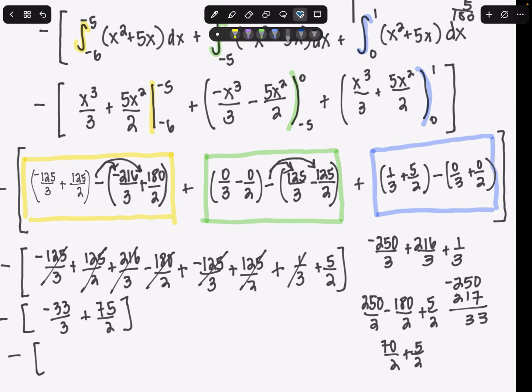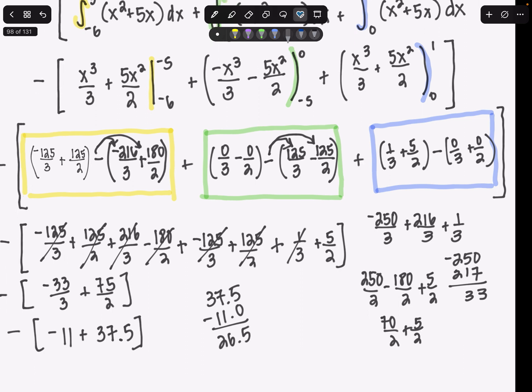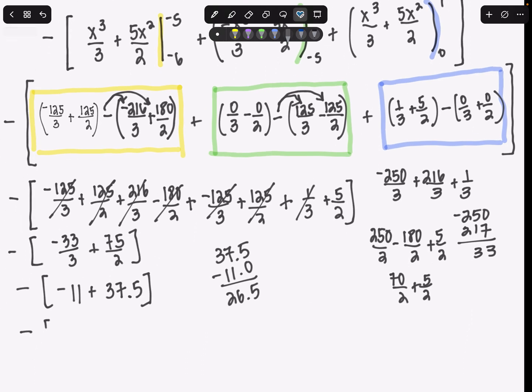So I've got the opposite of negative 11 plus 2 goes into 75, 37.5. 37.5 minus 11 is 26.5. And then I've got the opposite of that. So the opposite of 26.5 is going to be negative 26.5.